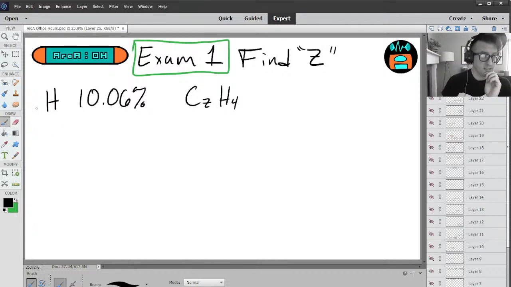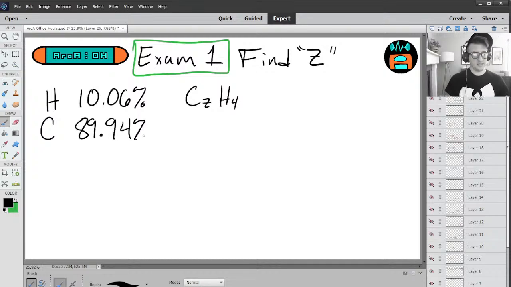To do this, we need to know the mass percent of carbon, which we can find because we know there's 100% of the mass in the molecule. We can subtract the mass of hydrogen, 10.06%, to get 89.94%.